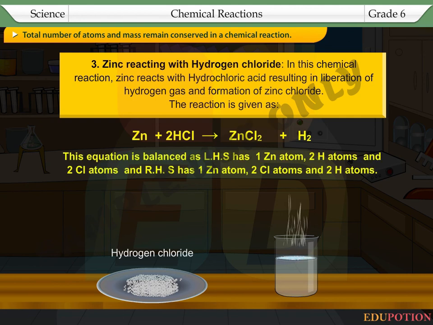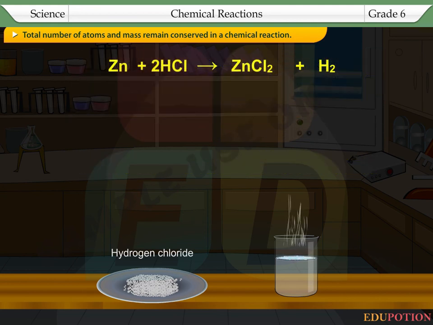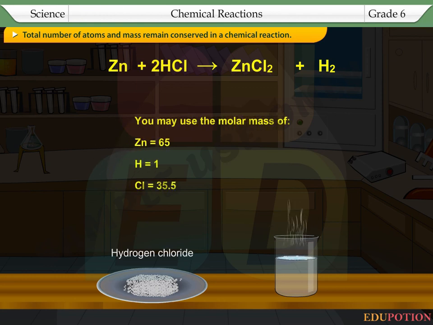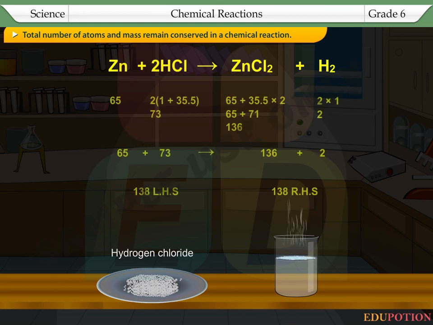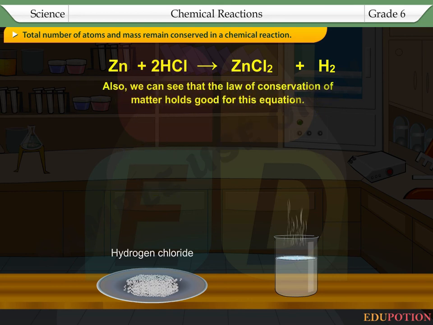This equation is balanced as LHS has 1 Zn atom, 2 H atoms, and 2 Cl atoms, and RHS has 1 Zn atom, 2 Cl atoms, and 2 H atoms. Now let's see whether this equation follows the law of conservation of matter or not. As we can see that the law of conservation of matter holds good for this equation.